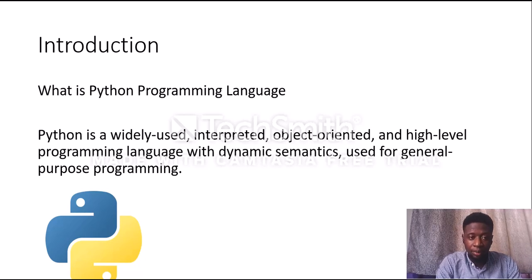Python is object-oriented, which means it's quite easy to write programs with Python because you can create classes and objects. Python is a high-level programming language because the semantics of Python is a lot like writing programs in English, and it's used in a vast array of industries.